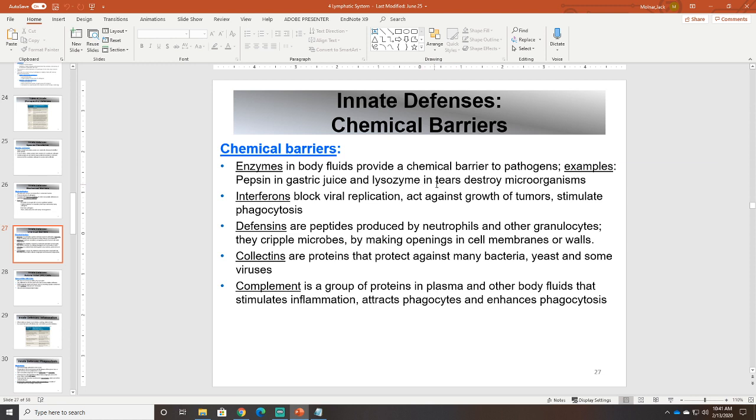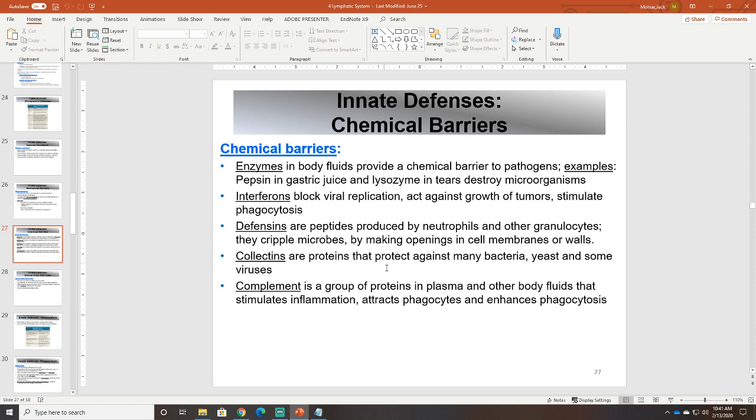And we have lysozyme inside of lysosomes and inside of tears, which will destroy microorganisms. We have interferons, which block viral replication. They can also act against tumors and stimulate phagocytosis, which is again that eating by the macrophage. Defensins are peptides or short proteins that are produced by neutrophils and other granulocytes. They cripple the microbes by punching holes in their cell membranes.